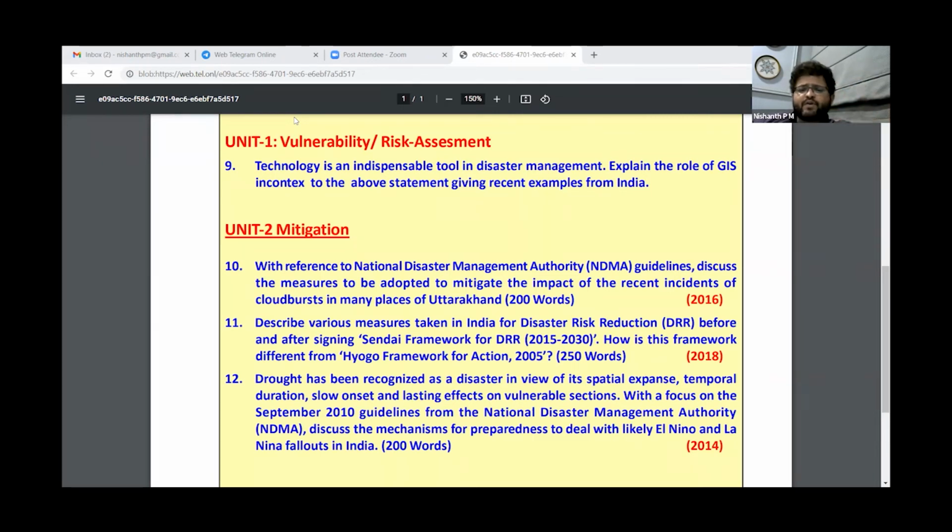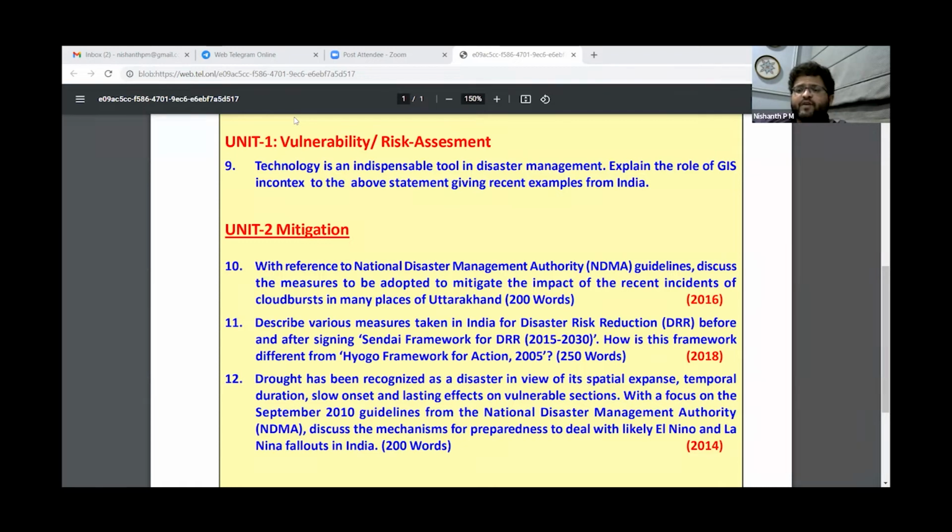Now, differences between the Hyogo framework and the Sendai framework. You can draw a tabular form or you can mention the differences between them. The Hyogo framework was mainly on a post-mortem basis, like what should we do after the disaster?